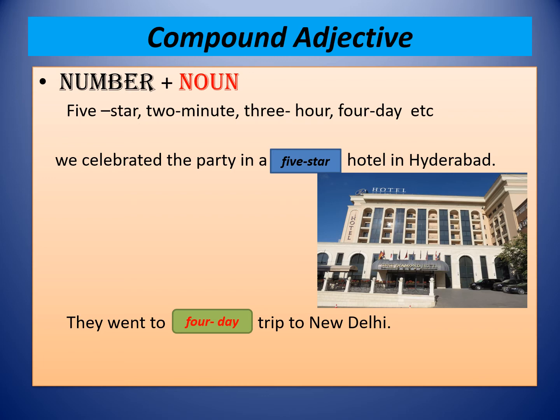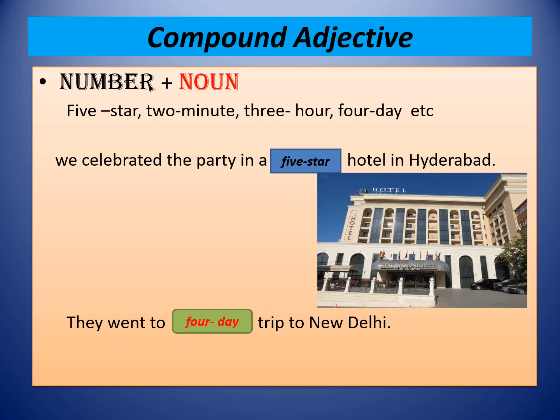So 4 is before the noun. So in that condition, the noun is always singular. So we should use the noun in singular form. So in 5-star, the noun should be singular, star. We should not use 5-stars.